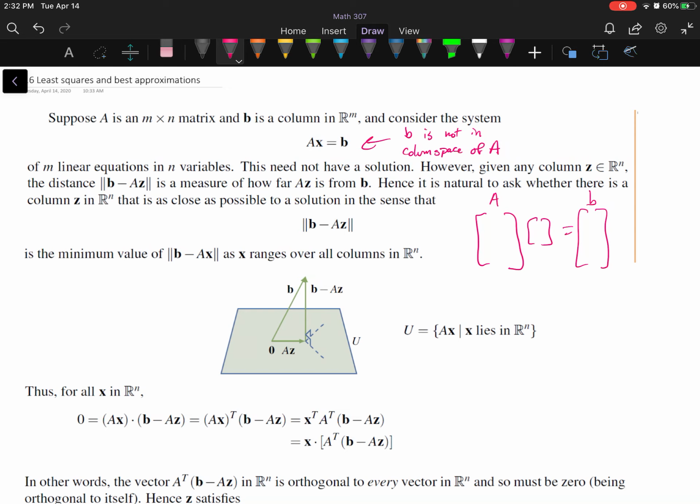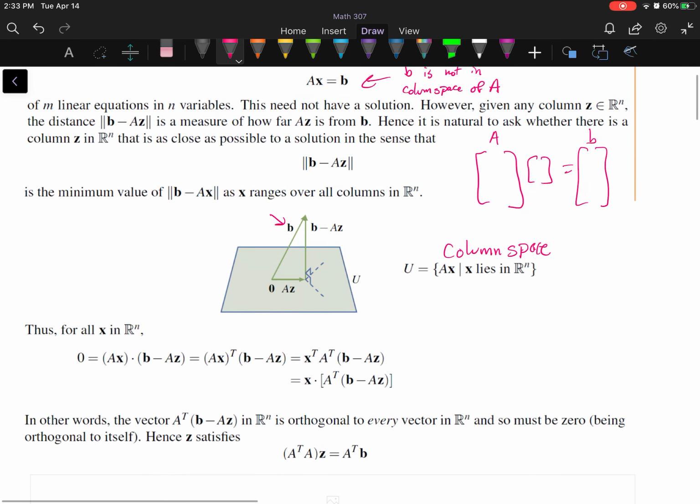But in this picture down here, we have the column space, which is U. That's all of the different linear combinations of the columns of A. The idea here is that the vector B is outside of the column space. What we're trying to do is project B down onto the column space so that we can get the best answer, even when we don't have an exact solution.